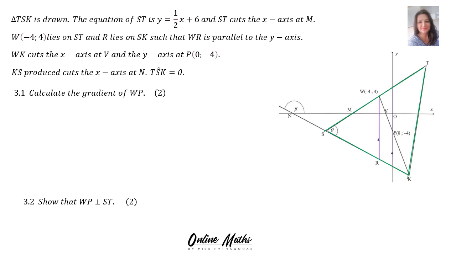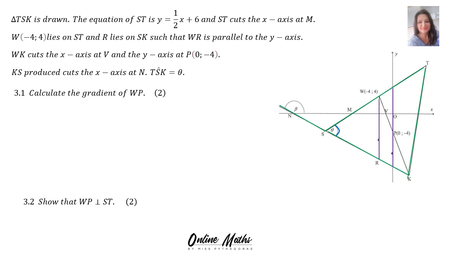WK cuts the x-axis at V and the y-axis at P(0; -4). KS produced cuts the x-axis at N. Angle TSK is equal to theta.